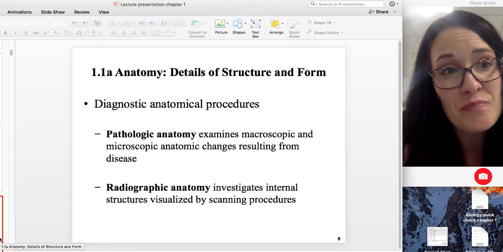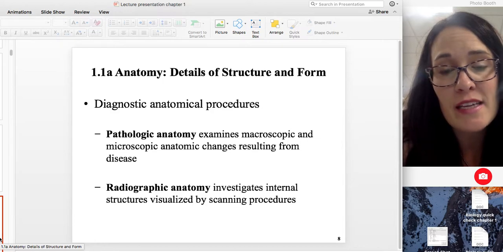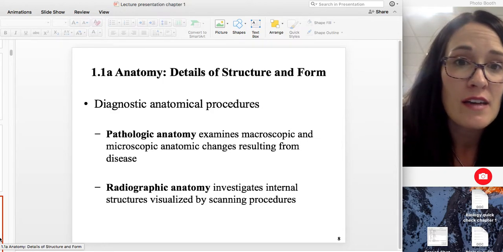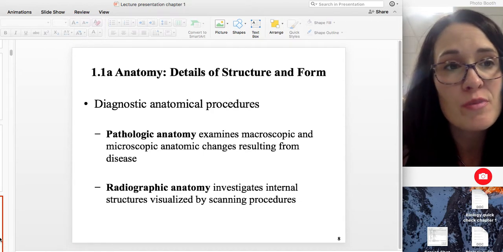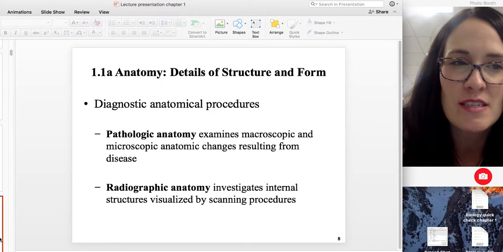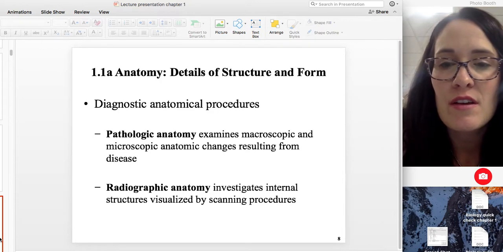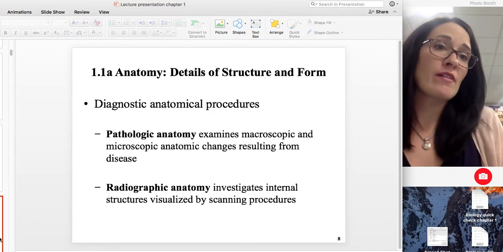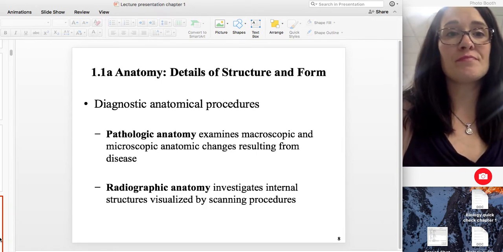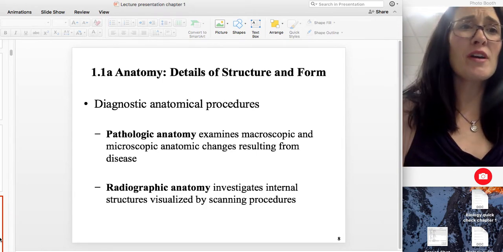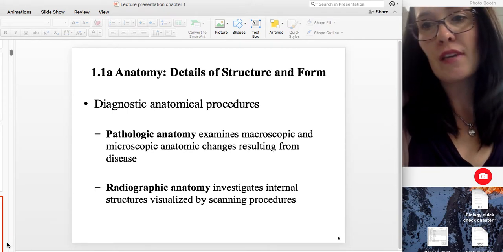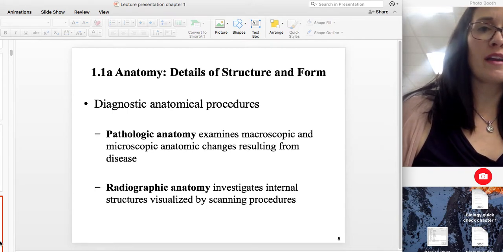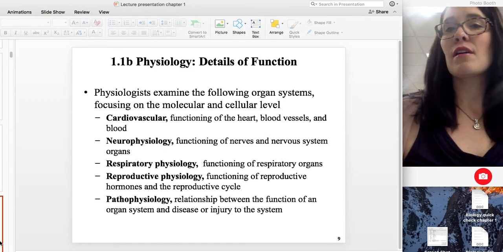And a cool branch of anatomy that I really like is pathology, or pathologic anatomy, examining macroscopic and microscopic changes that result from disease, diagnosing diseases based on those changes. Radiographic anatomy, or a radiologist, is somebody that studies different visualizations, X-rays, CT scans, to visualize the body and help diagnose things.